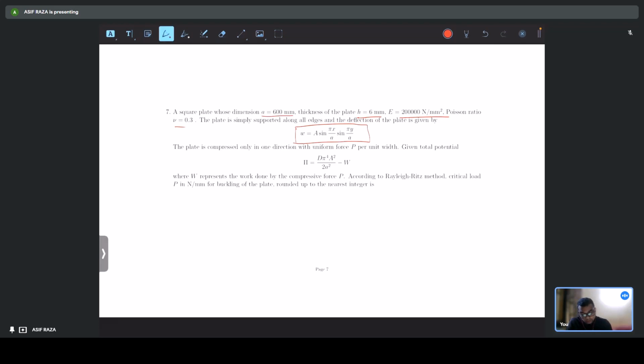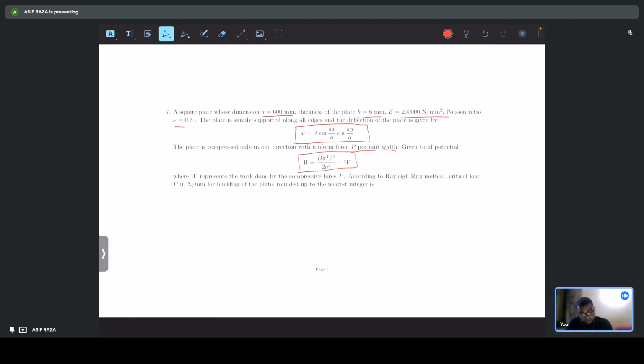The plate is compressed only in one direction with uniform force P per unit width. Given the total potential by this expression, where W represents the work done by the compressive force, according to the Rayleigh-Ritz method, the critical load P in Newton per mm for buckling of the plate, rounded up to the nearest integer, is.